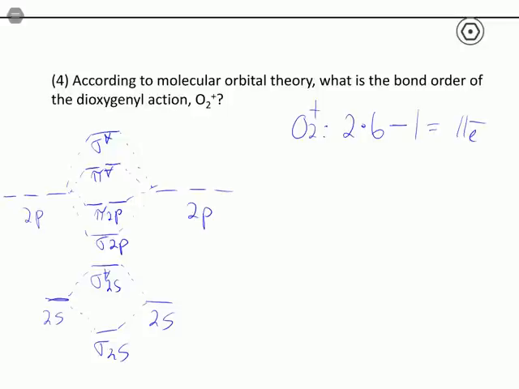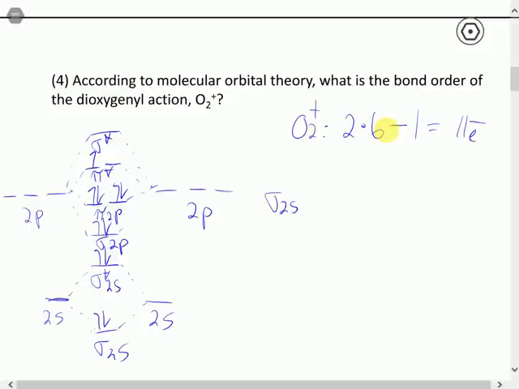So if we put the 11 electrons in here, we get 1, 2, 3, 4, 5, 6, 7, 8, 9, 10, 11. We fill from bottom to top. We follow Hund's rule, Pauli exclusion, just the same as we do for atomic orbitals. So the configuration for this compound, if we were to write an electron configuration, we have 2 electrons in the sigma 2s, 2 electrons in the sigma star 2s.